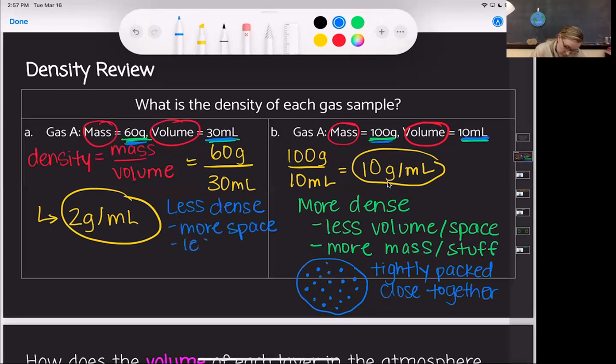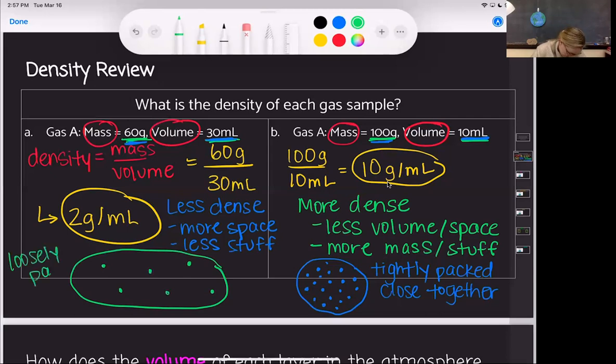So if we look at that, we're going to have a larger area and fewer dots. And when there's more space and fewer dots, those dots can be more spread out. So these are loosely packed and more spread out.